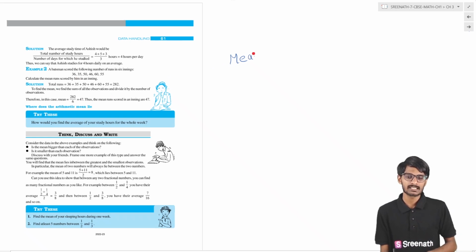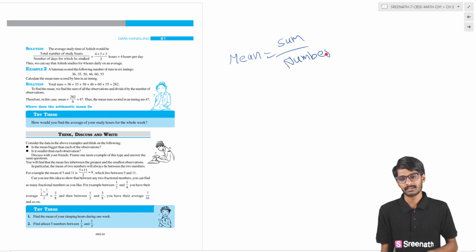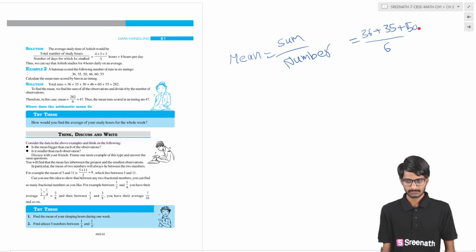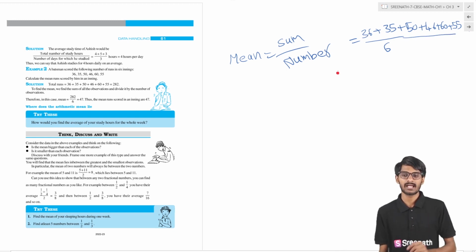Mean is the sum of observations divided by the number of observations. How many innings are there? 6 innings, so the number of observations is 6. The runs are 36 plus 35 plus 50 plus 46 plus 60 plus 55, the total runs in the innings.